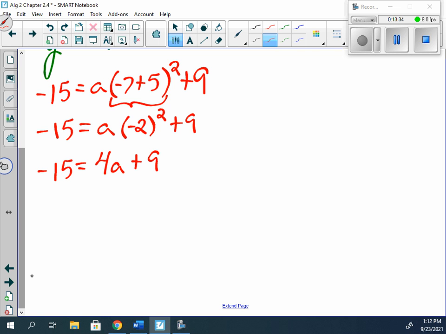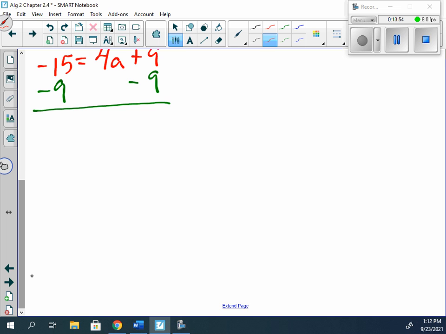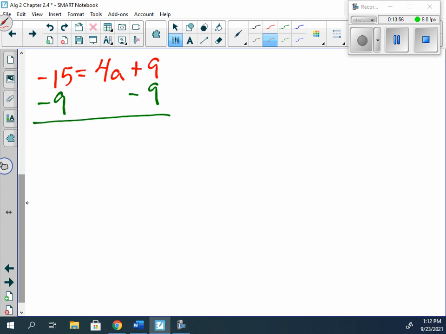Will the number that comes out of that set of parentheses squared ever be negative? No, because if we square something, it will be positive. Then what do we do next? We subtract the 9. After we subtract the 9, we'll have that negative 24 is equal to 4a.